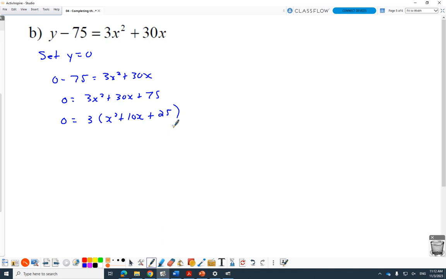This thing factors. You could write, therefore, x equals -5 or x equals -5. But I don't know if that's really necessary.